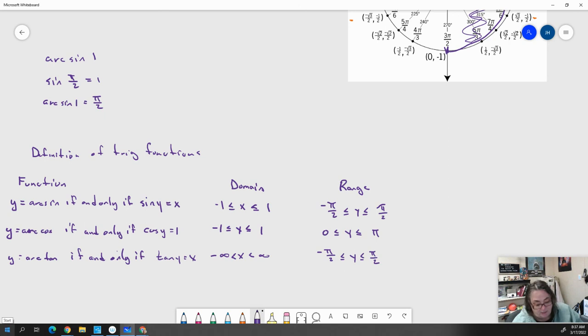So we'll work on more functions like that. On Friday, we'll get into the other functions, but we're going to stick to just the sine function for your assignment today. Like I said, once we get back on Monday, we will do the other part of this section.